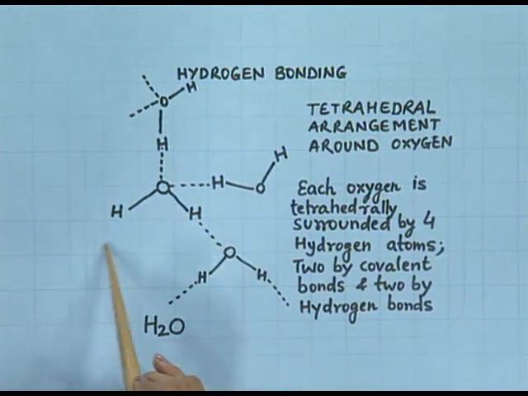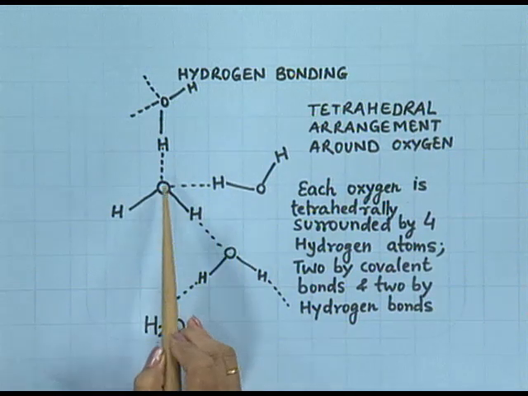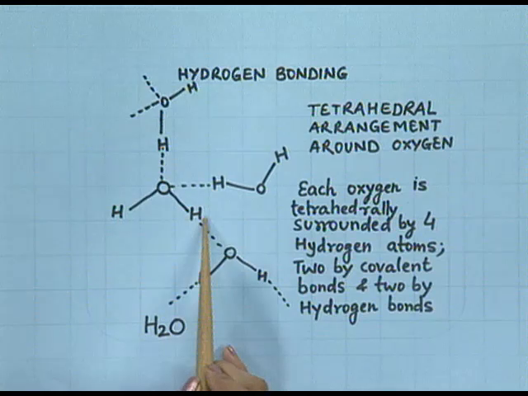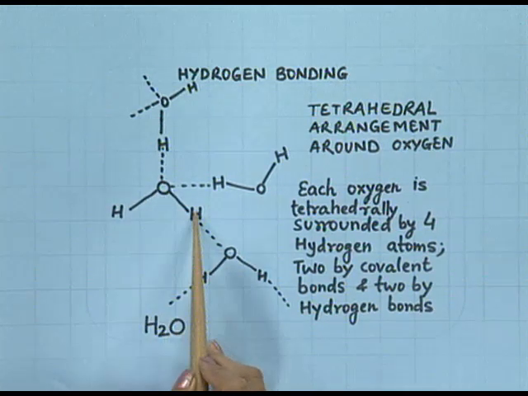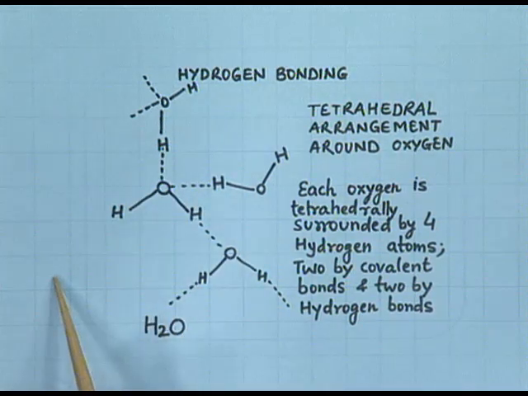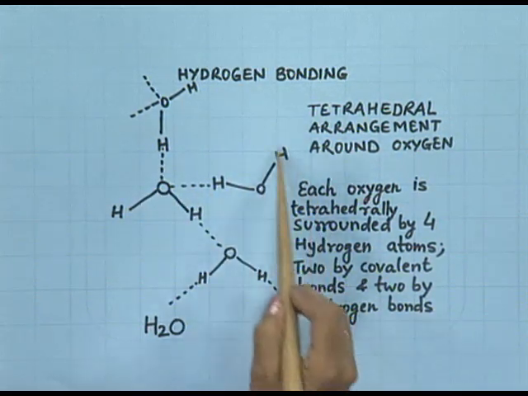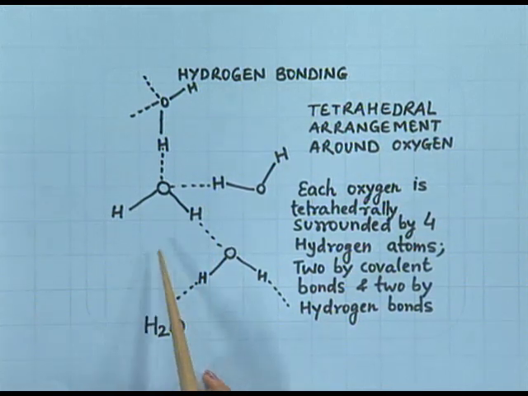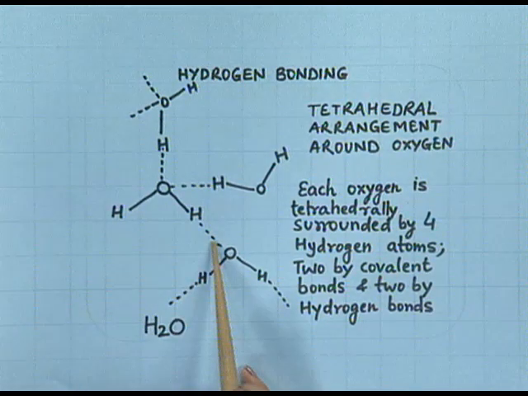Now you can see that this oxygen is surrounded by 4 hydrogens, 2 via covalent bond and 2 via hydrogen bond. This extensive hydrogen bonding in water is responsible for its very high boiling point.